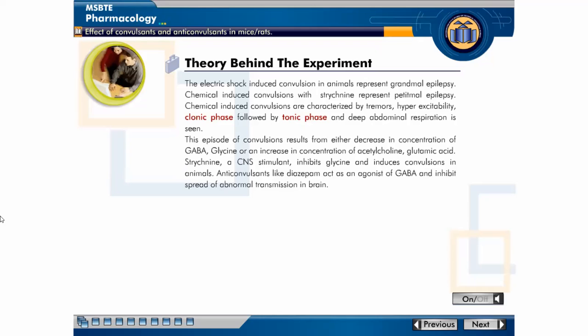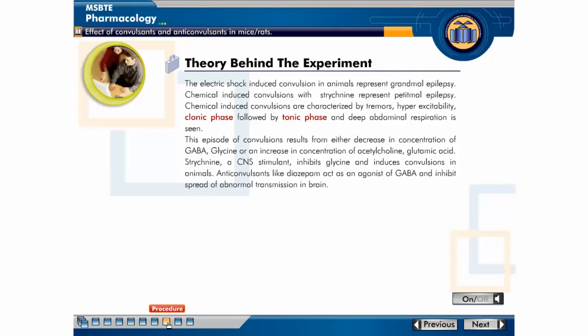So this is the theory behind this experiment. From the theory, we concluded that convulsants produce convulsion, and anticonvulsant agents are used to treat this convulsion or to stop the convulsion symptoms.